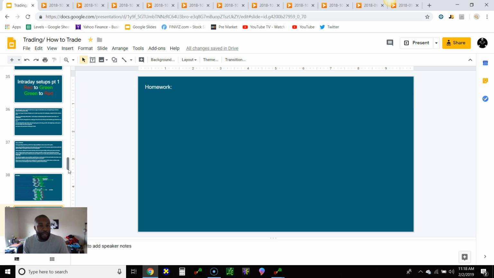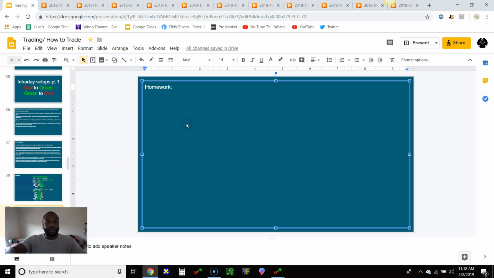Look for 10 green to reds. Build your own slide like this. Try to build a slide or something, so you can have a visual representation of your green to reds. Look for 10 red to greens from the past, from the last trading day.